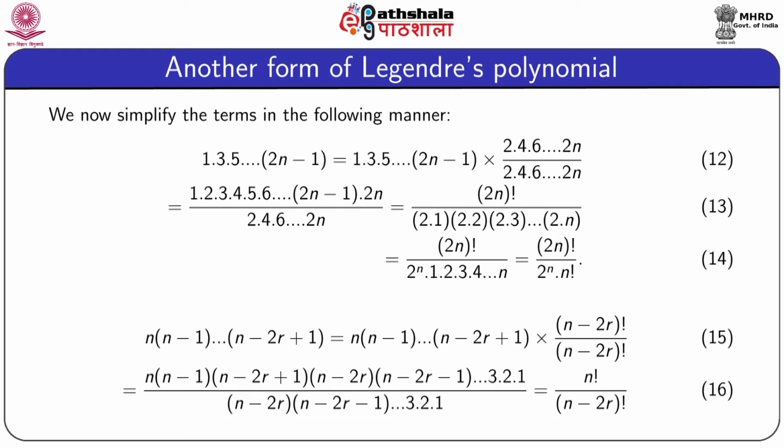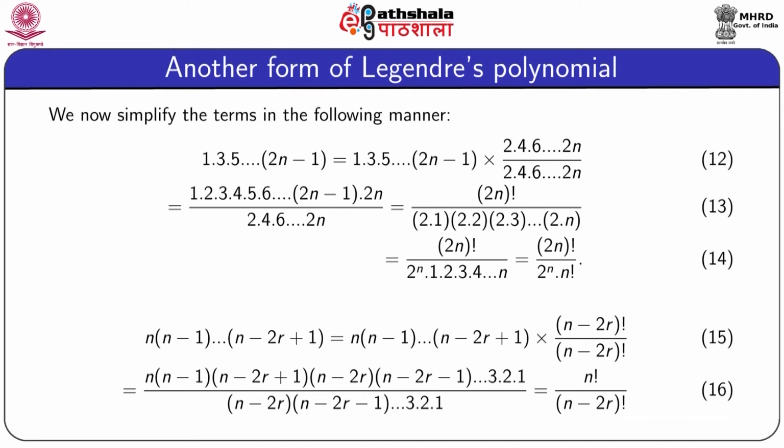Let us now take the numerator in equation number 13, which is n into n minus 1 ... n minus 2r plus 1. We multiply this expression by n minus 2r factorial, both numerator and denominator, as shown in equation 17.